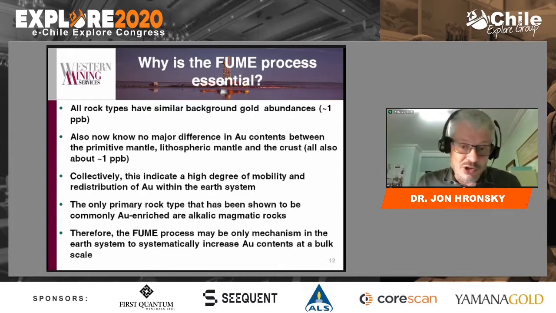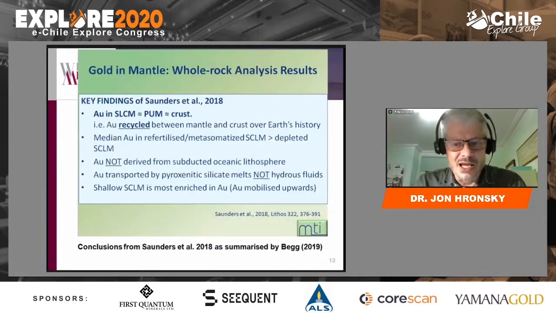The only primary rock type that's been shown to be commonly gold enriched are these alkalic magmatic rocks. Therefore, it's probable that the FUME process is actually the only mechanism in the Earth system to systematically increase gold contents at a bulk scale. And here's a summary of the Saunders et al. paper, which is one of the first papers to really look at gold in the mantle.